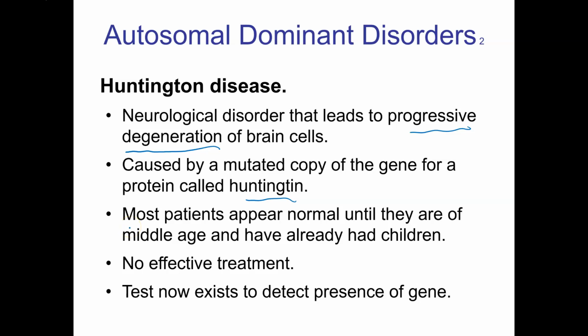This disorder is autosomal dominant, and it doesn't appear typically until around age 50 or older. Because of that, most people have already had their children. This leads to passing on the disorder, even though it is deadly, because it does end in death of the individual.